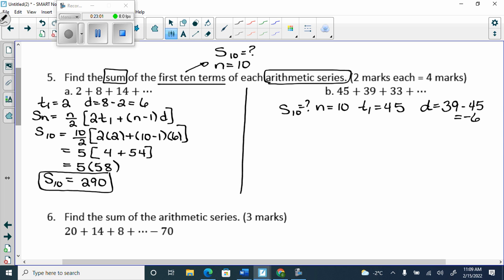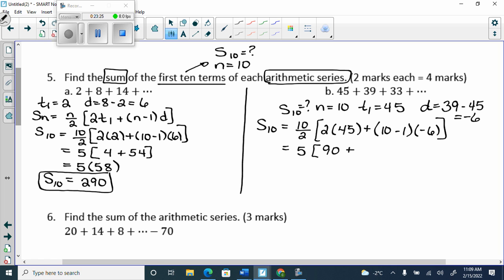All right. So we're going to go S10 equals 10 divided by 2, 2 times T1, which is 45, plus N minus 1, D. And then we get 5, 90, plus negative 54. So we get 5 times what?